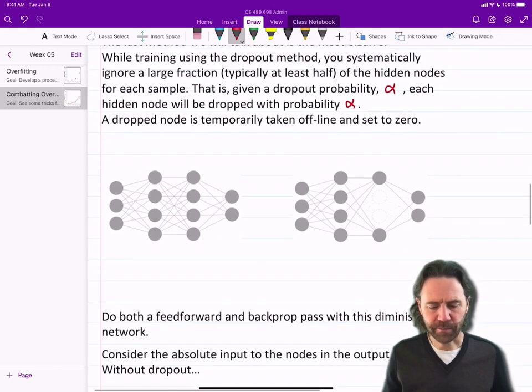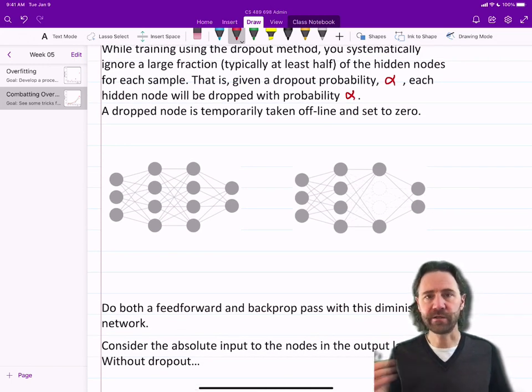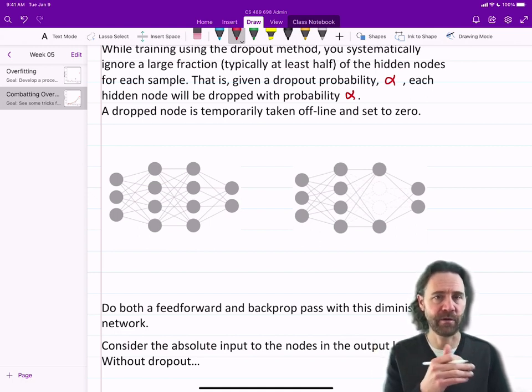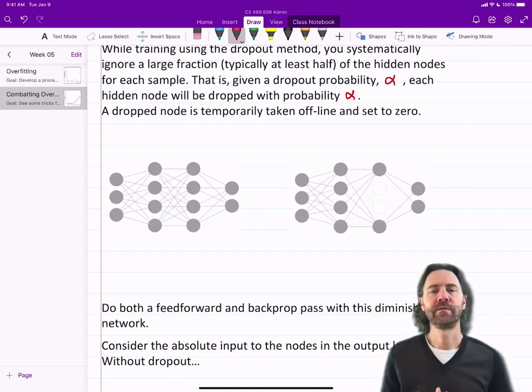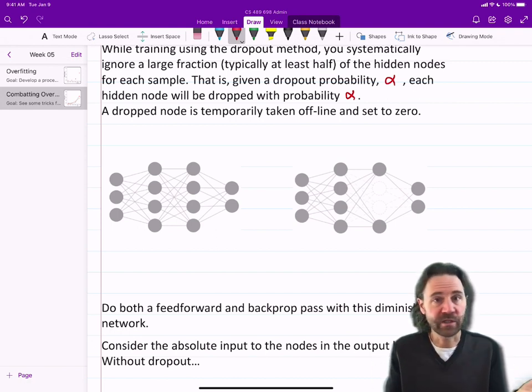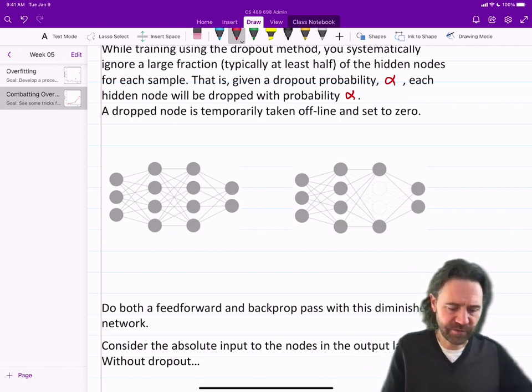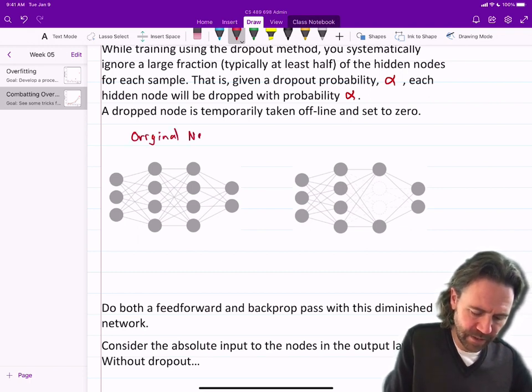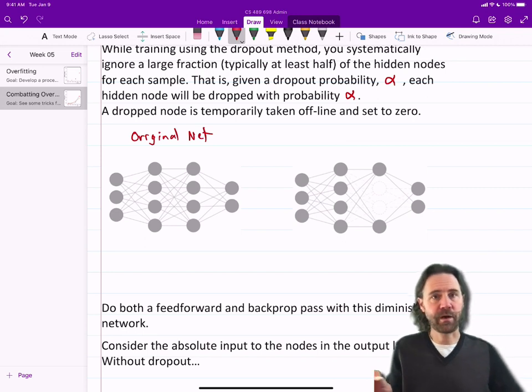A dropped node is temporarily taken offline and set to 0 for that particular sample. Then we do a feed forward pass and a backprop pass with those neurons just missing in action. On the left here, I have the original net. There's no backprop here.